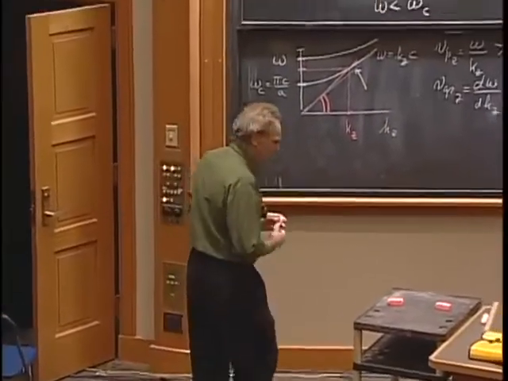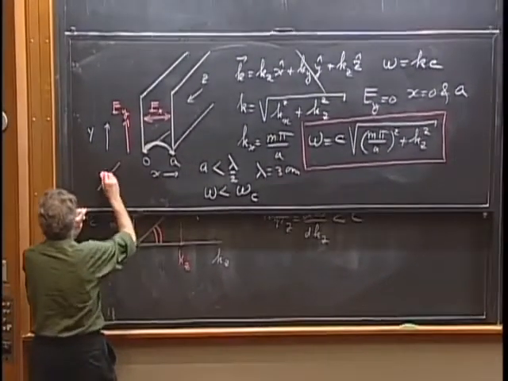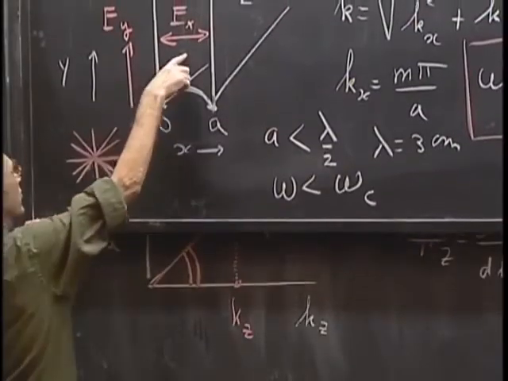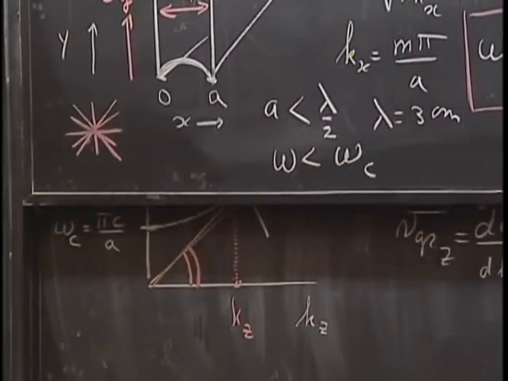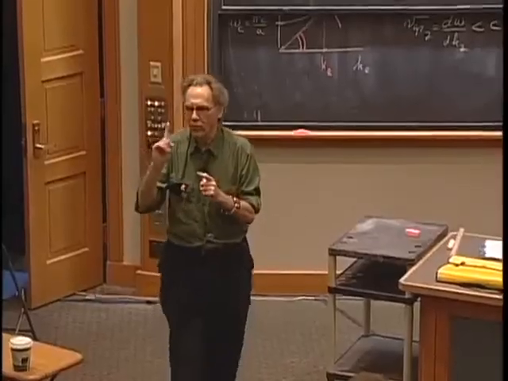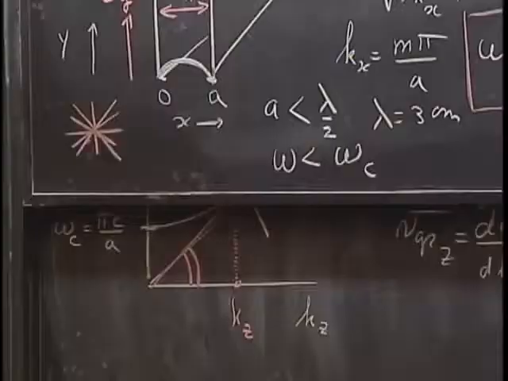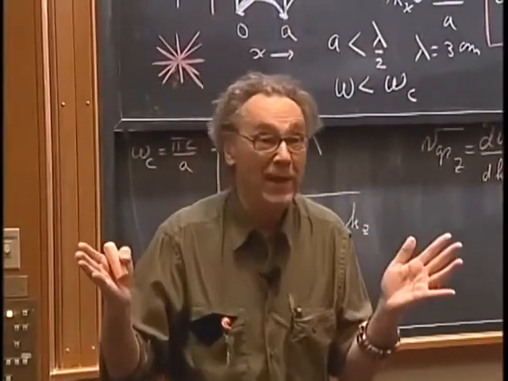So now comes the interesting part. Suppose you manage to get radiation which is unpolarized, and you try to send this through there, and you make A smaller than lambda over 2. That means that the vertical component of the E vector of each one of those waves cannot get through. Only the horizontal component can get through, but without any difficulty.